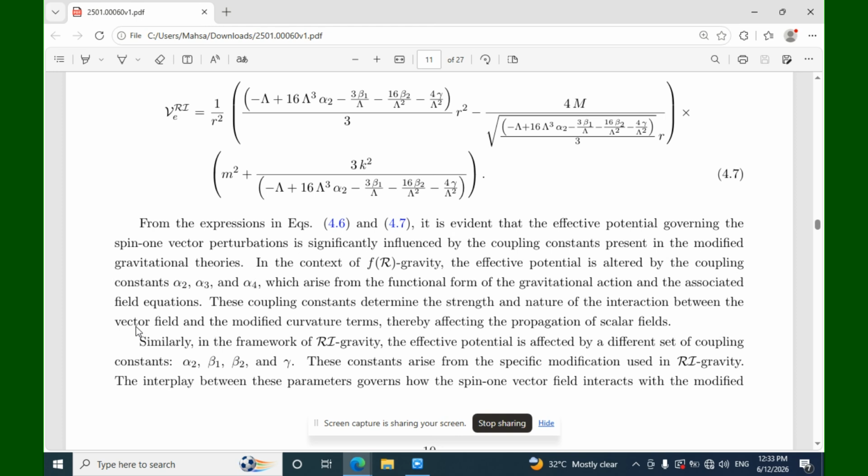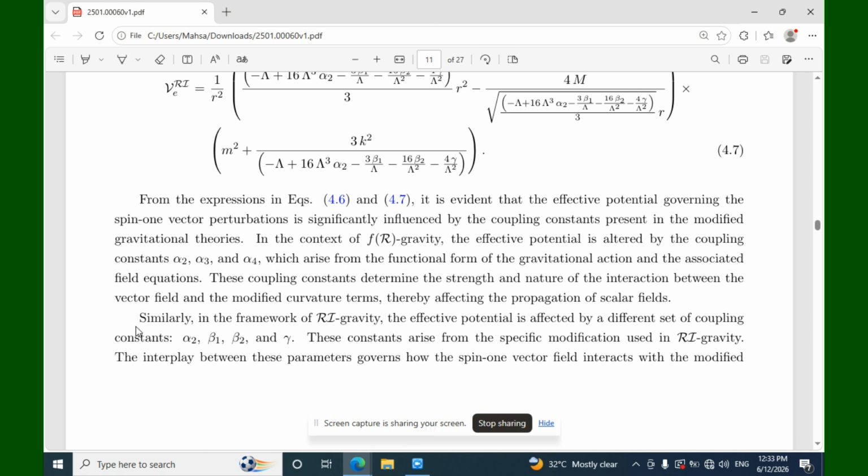The effective potential is altered by the coupling constants alpha 2, alpha 3, alpha 4, which arise from the functional form of the gravitational action and the associated field equation. These coupling constants determine the strength and nature of the interaction between the vector field and the modified curvature terms, thereby affecting the propagation of scalar fields.